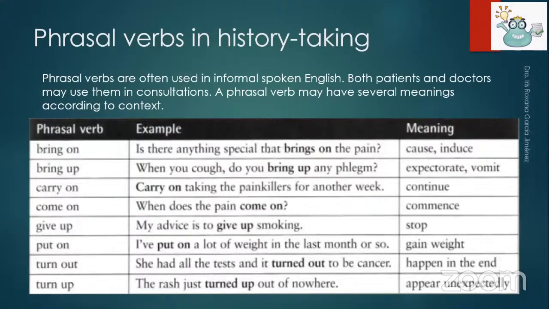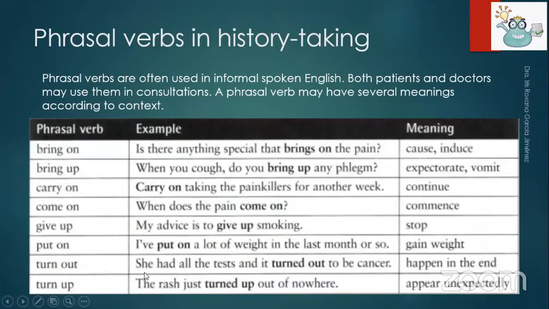I put on a lot of weight in the last month or so. In this case, I gain weight. In general, it is to gain, to acquire. I gain a lot of weight in the last month or so. Put on is easier to understand and to catch.